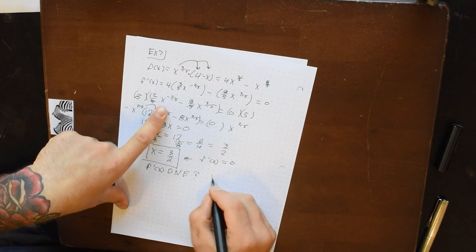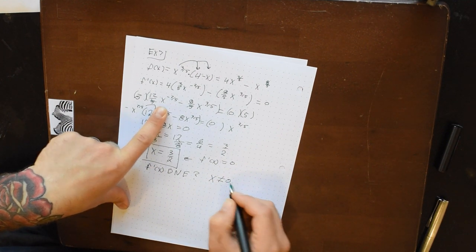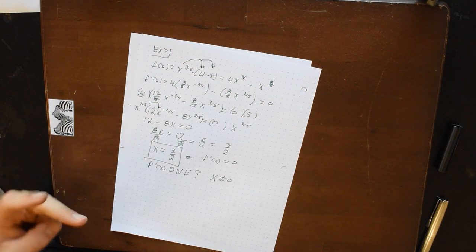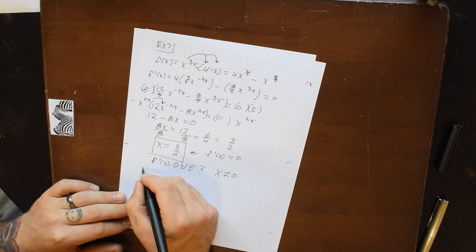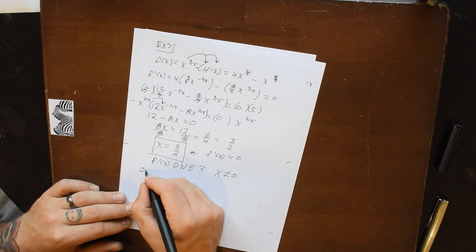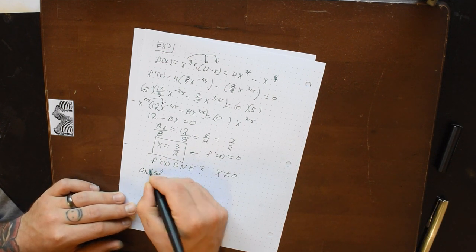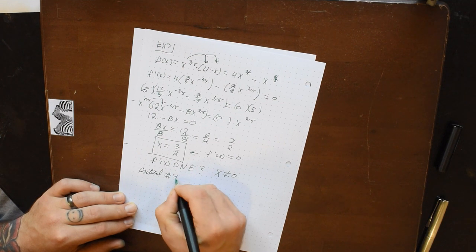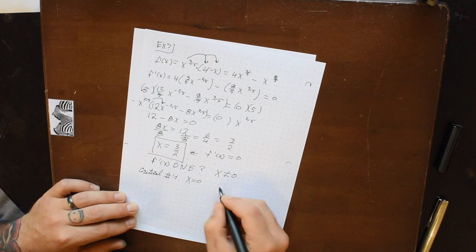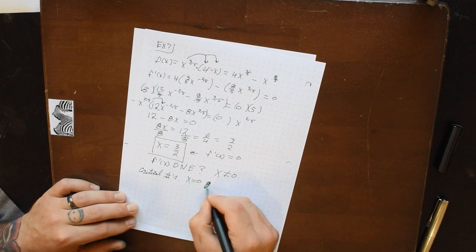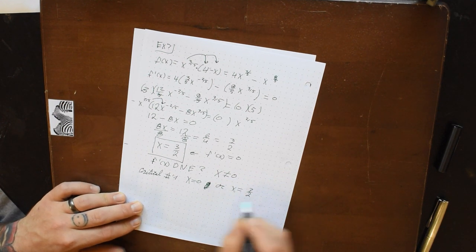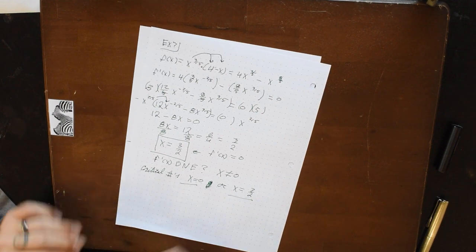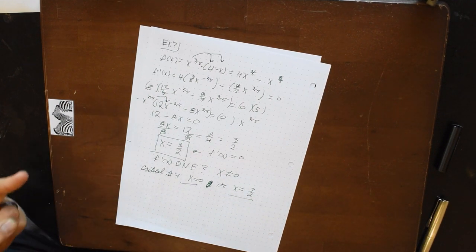So we know x also cannot be equal to 0. So this problem has two critical numbers. Our critical numbers are x is equal to 0, or x is equal to 3 halves.